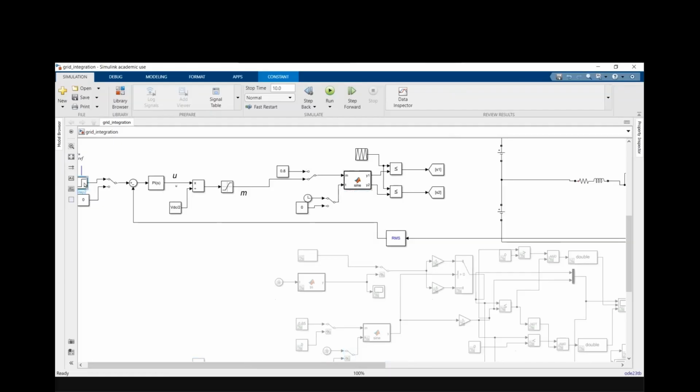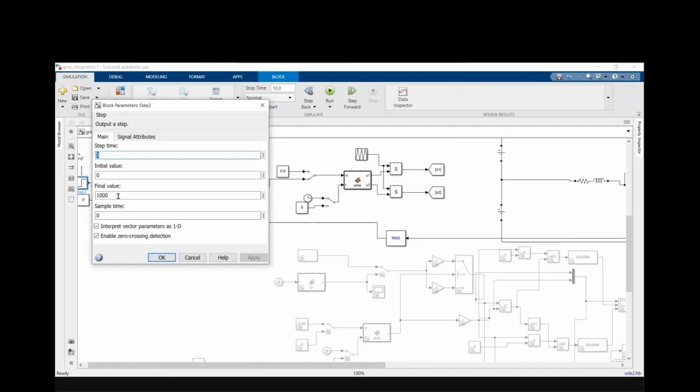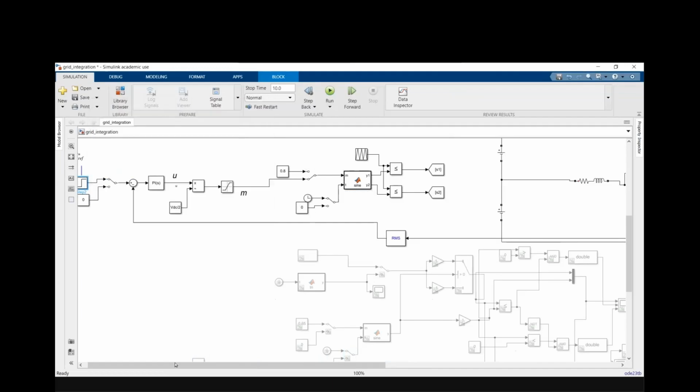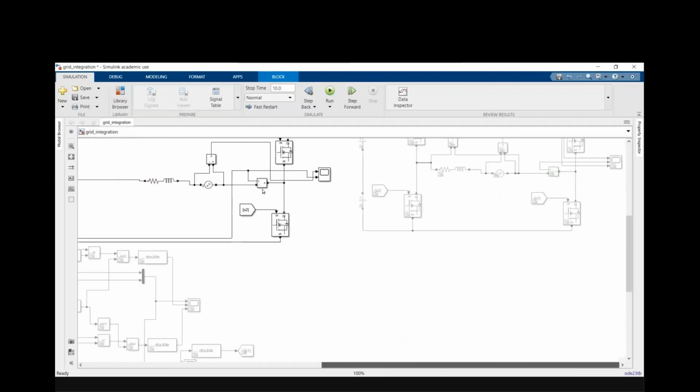Here my reference current is 0 initially. After 3 seconds it has to be 1000. To simulate it, my current has to be 0, and after 3 seconds it has to come to 1000.